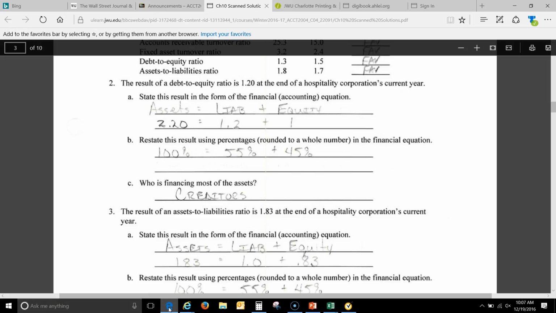All right, so let's take a look at number 2. It says the results of a debt-to-equity ratio is 1.2 at the end of a hospitality corporation's current year.